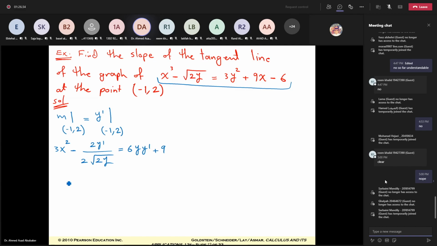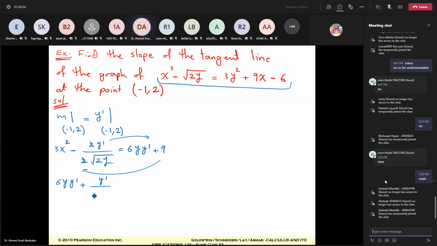So we can move this one here and this one here. So we have 6y y′ plus 2y′ over 2√(2y); we can cancel 2 with 2.